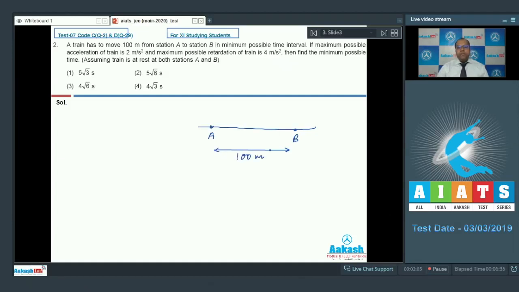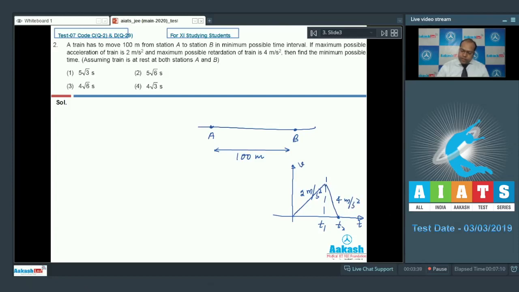In order to have minimum possible time interval, the train must accelerate with maximum acceleration and then decelerate with maximum retardation. So if I plot the graph of V versus T in this case, then from t equal to 0 to t1, it must have acceleration of 2 meter per second square, and then from t1 to t2, this must have maximum retardation of 4 meter per second square.